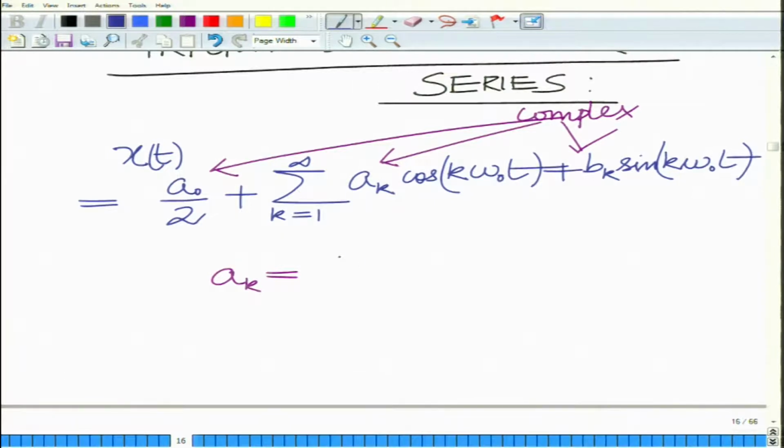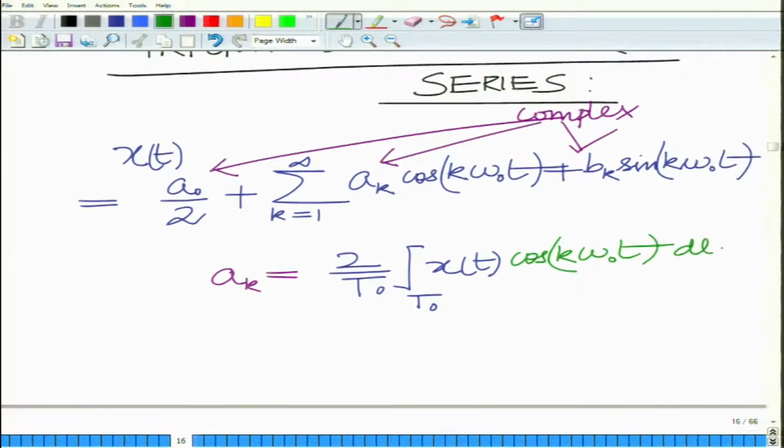And based on that property, you can readily derive the expressions for the coefficients of the trigonometric Fourier series. Okay. So, a k equals 2 over T naught integral over T naught of x(t) cosine k omega naught t dt.